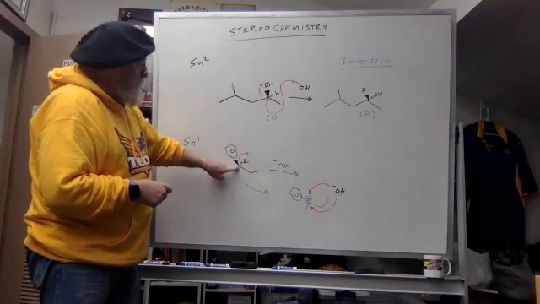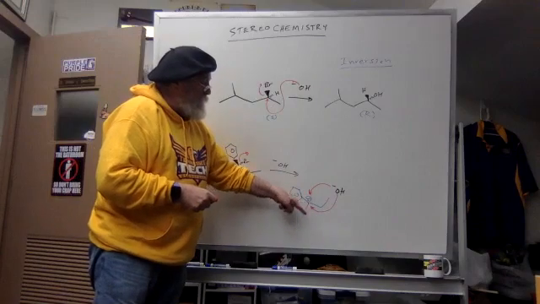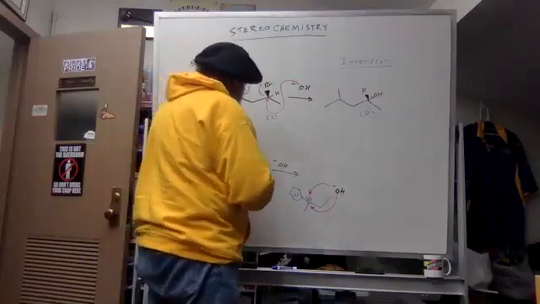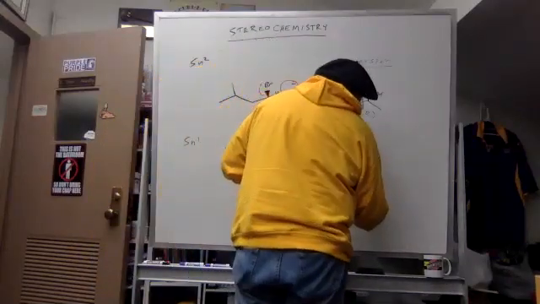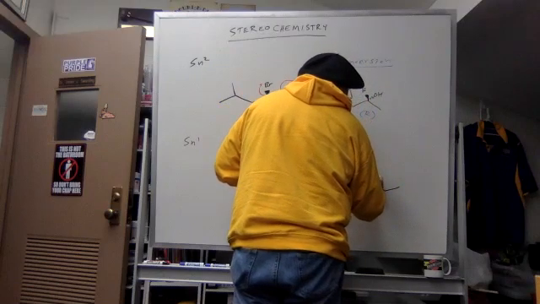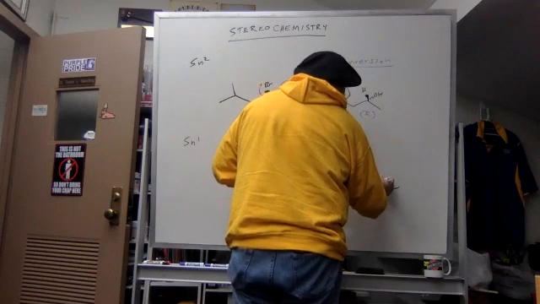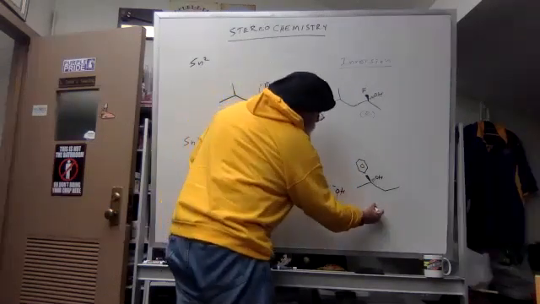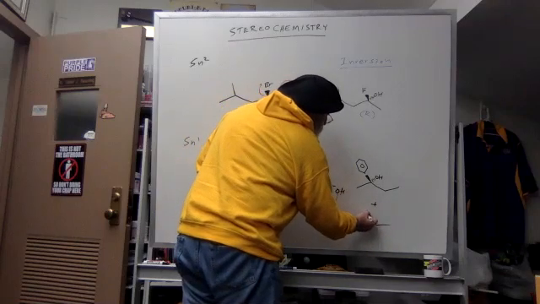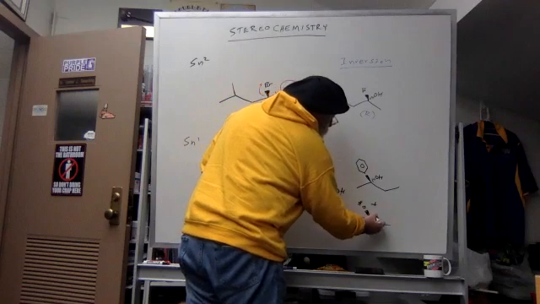So it doesn't matter what you start with here. You're going to get a 50-50 mixture when the nucleophile attacks the carbocation. So we'll show that as this situation. The benzene ring out, and the OH back, and we have as the other possibility, the OH out, and the benzene ring back.